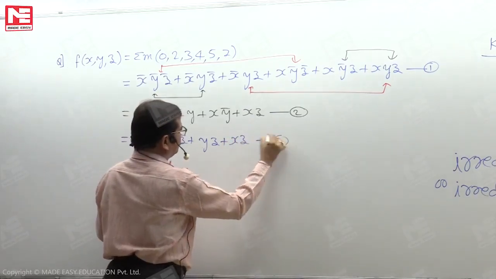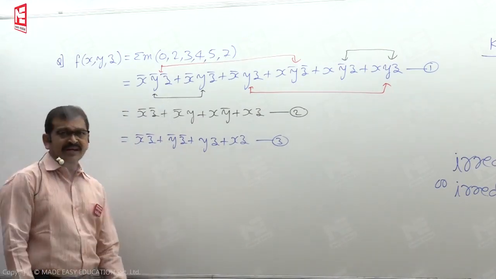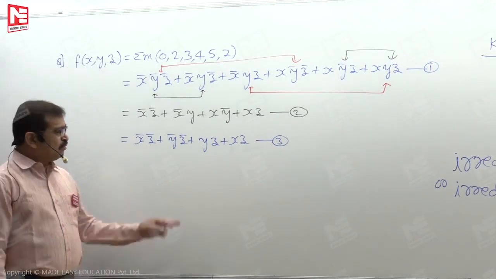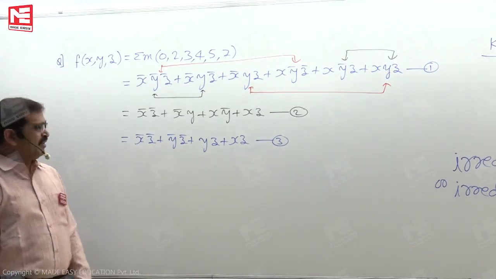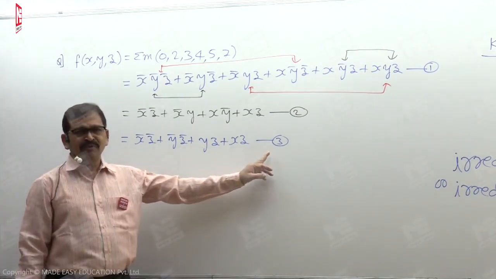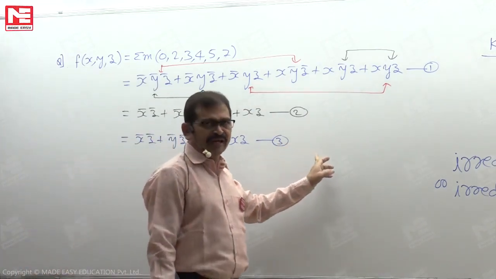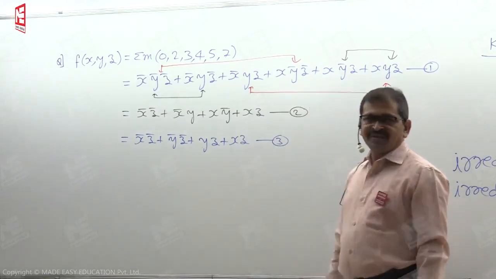So this equation 3 also has fewer terms compared to equation 1. Definitely we accept it as one of the possible simplified expressions for the given Boolean function f.